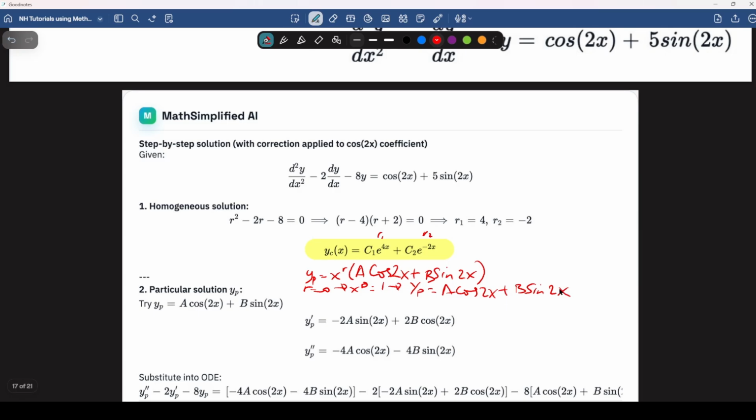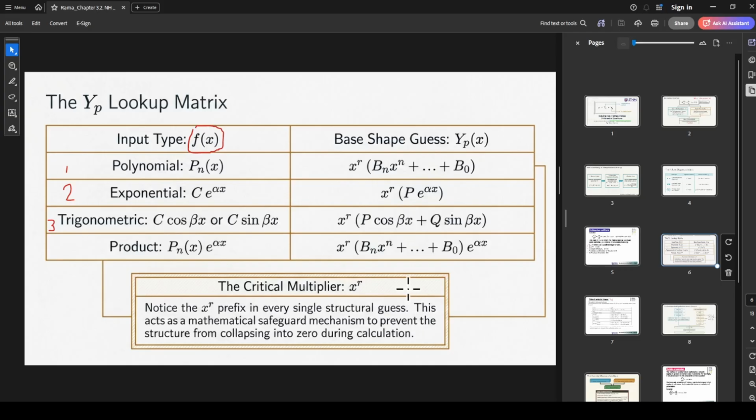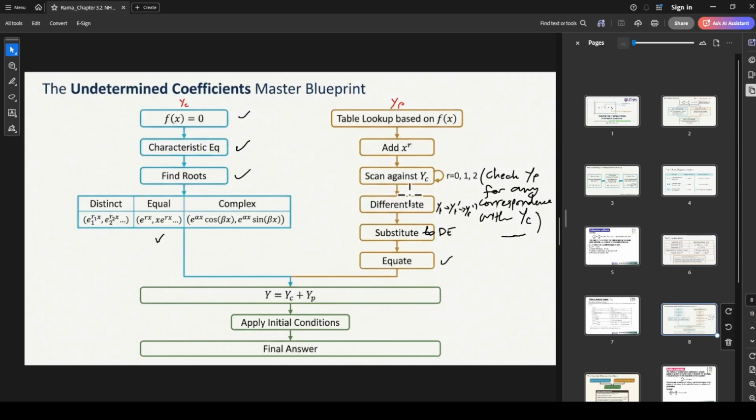Let's highlight the yp that we choose, which is a cos 2x plus b sin 2x. Just like before, after we determine that there are no corresponding terms, we can proceed with the differentiation from yp to yp prime, and then yp double prime.